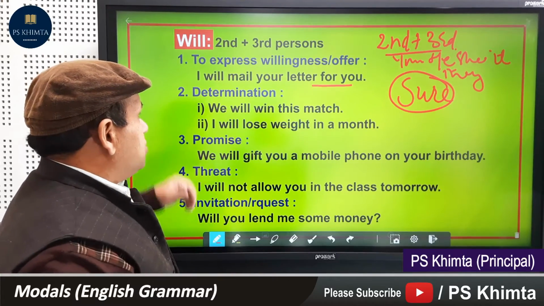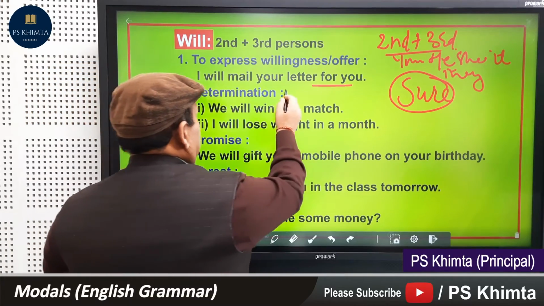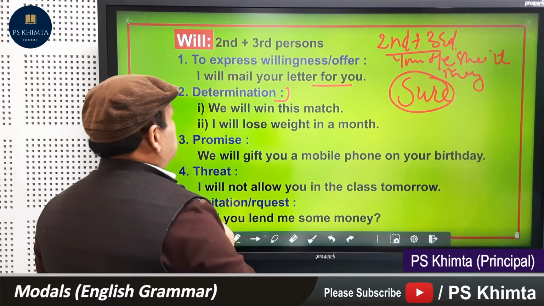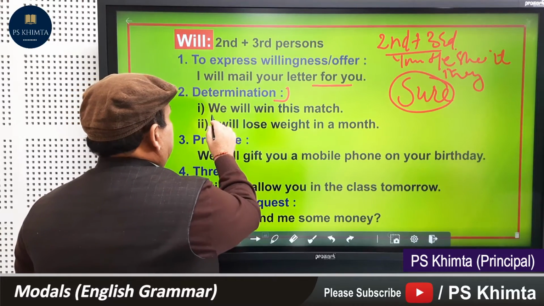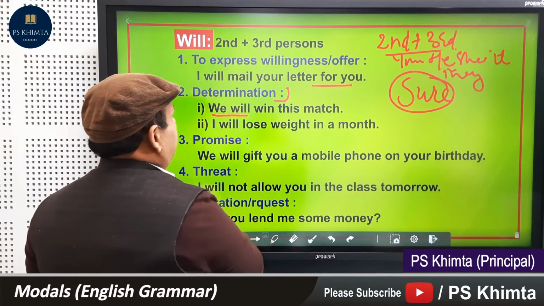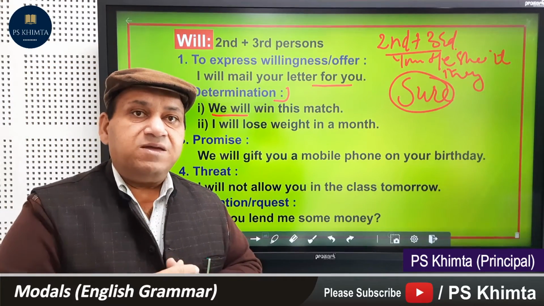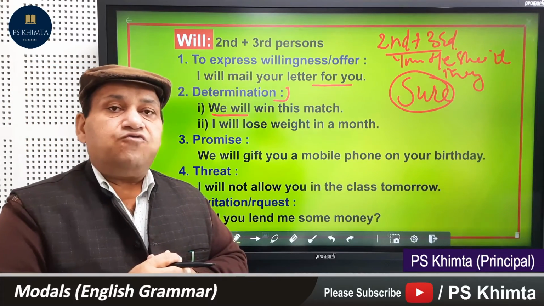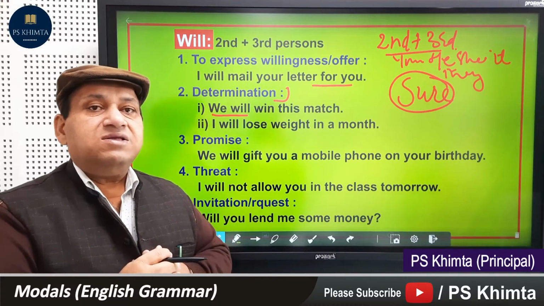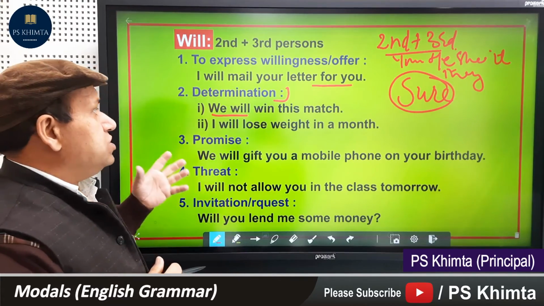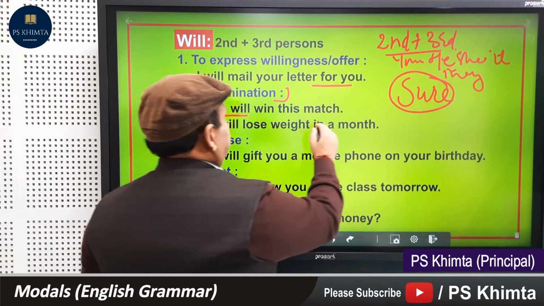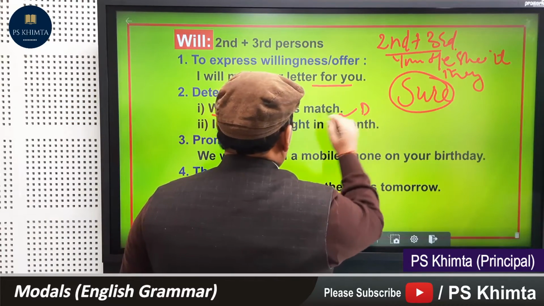And say here determination, as we did in the past slide with shall also, where here we find that instead of we shall, we are doing here we will, opposite. We are using first person with will here just because of the determination. You are showing determination. We will win this match. This is a determination.